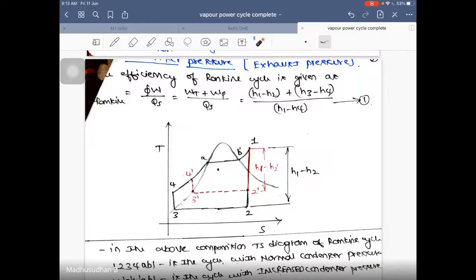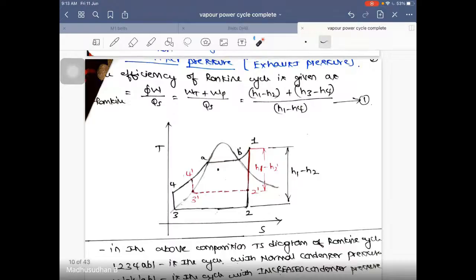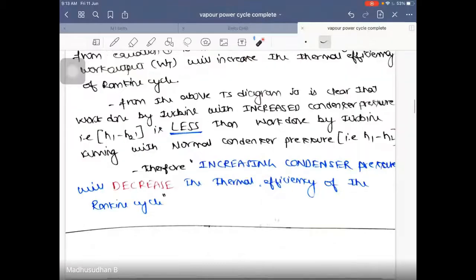Work output decreases. Excellent. And what about thermal efficiency? Decreases. Same thing is written here. Narendra, can you read this? Therefore, increasing condenser pressure will decrease the thermal efficiency of the Rankine cycle.